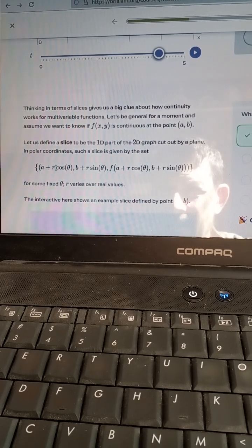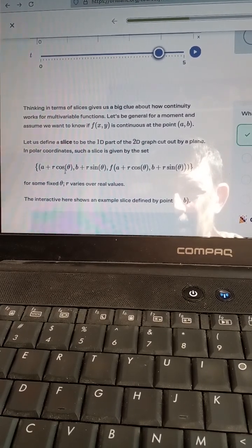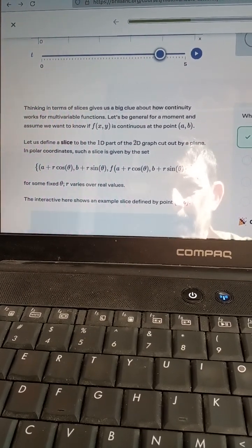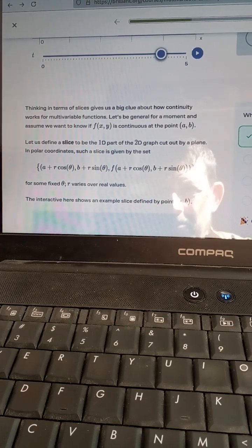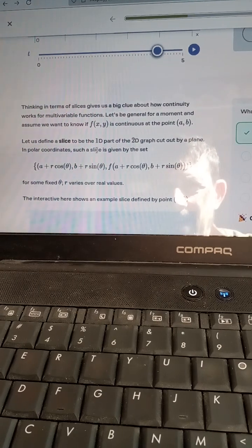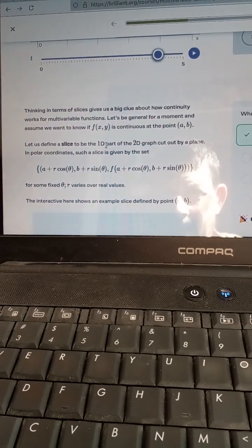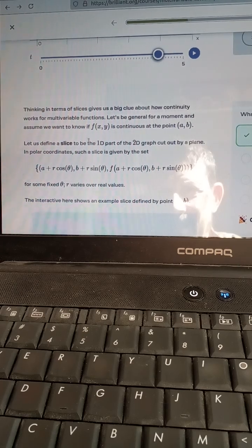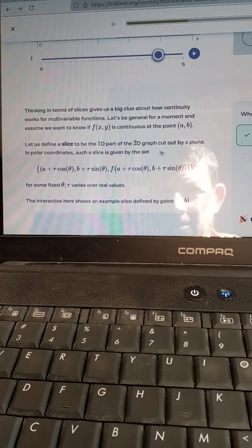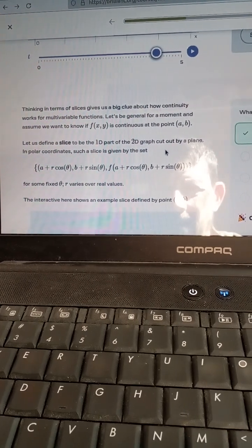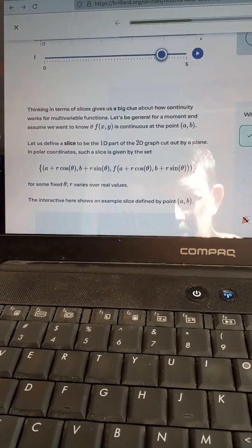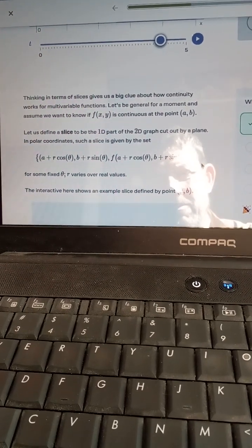I'd much rather that you told me a story about r and theta here and you used some kind of slightly more comprehensible set notation and cleared up this notion of the one-dimensional part of a two-dimensional graph. That's what you should be concentrating on, not stories about sailing in the bay.